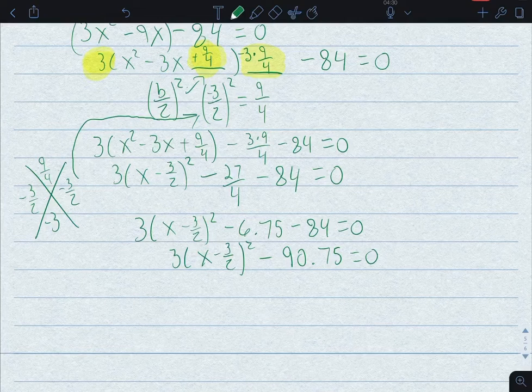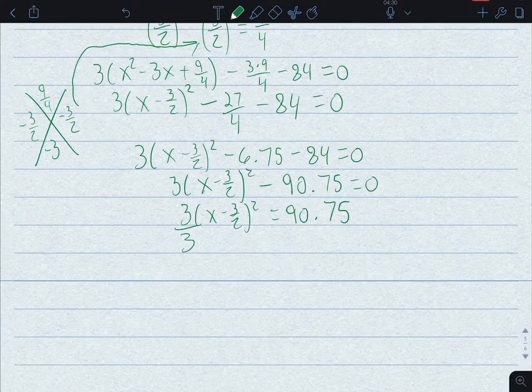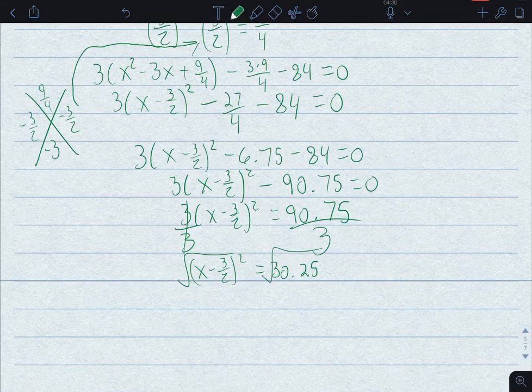We're going to move that constant to the other side. 3 times x minus 3 over 2 squared equals 90.75. We'll divide by 3. 30.25. We'll square root.